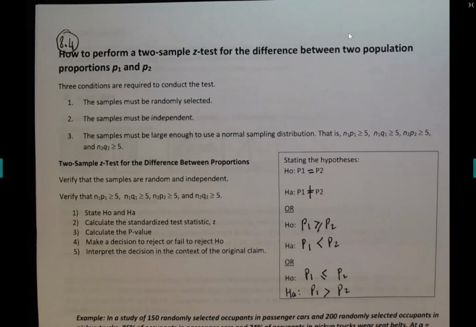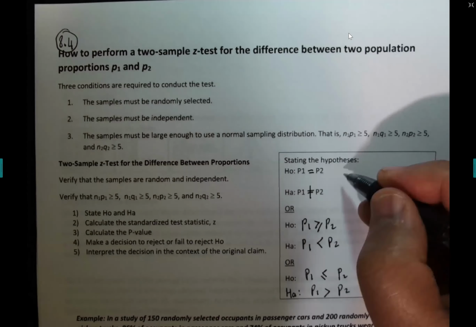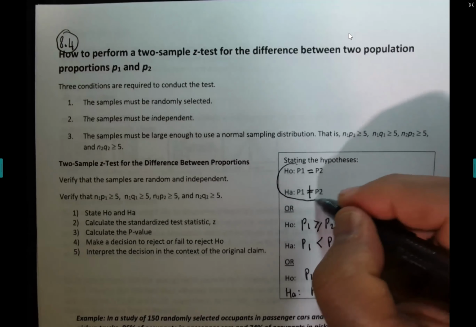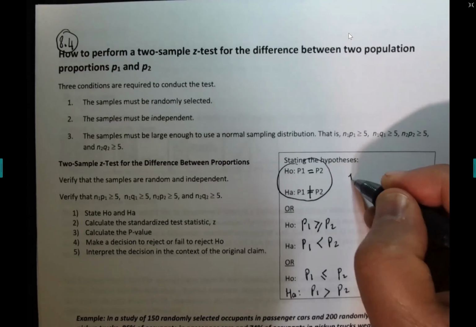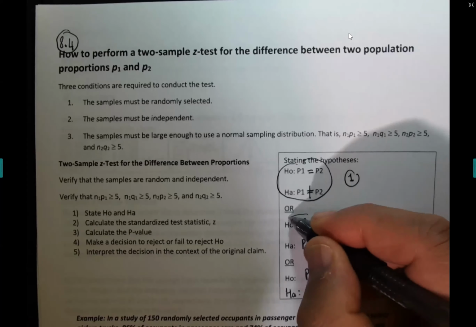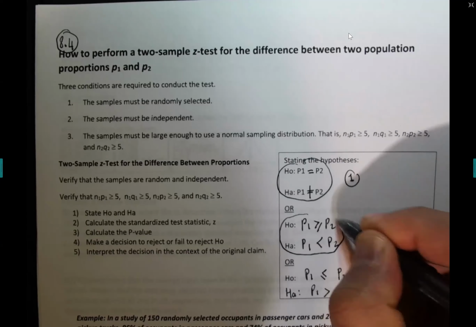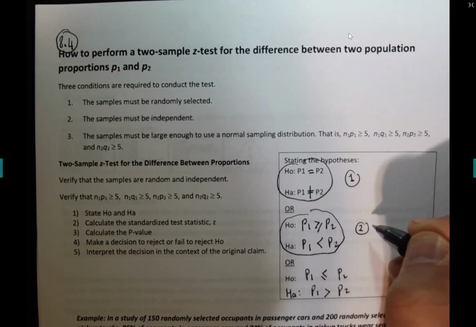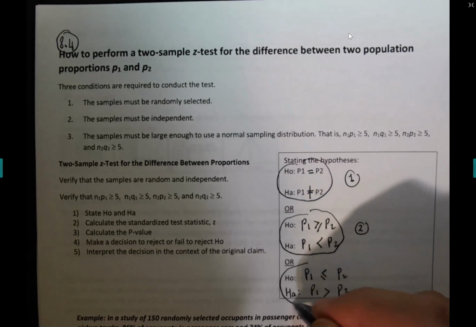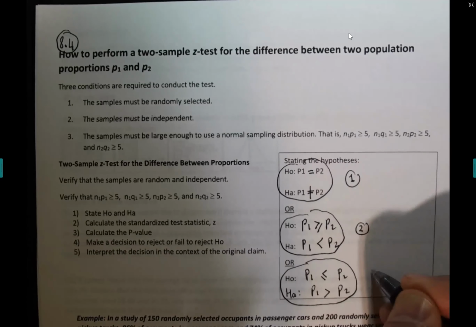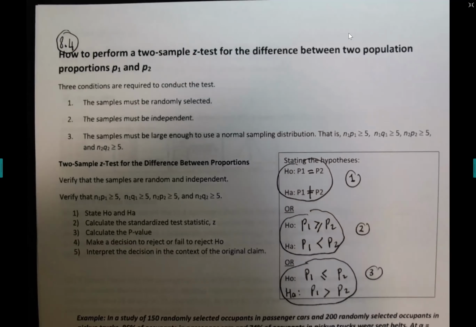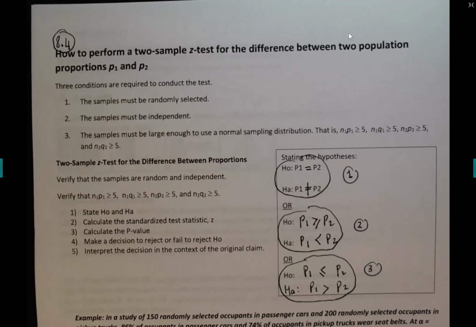That's choice number one. I'll call them 1, 2, and 3, and then I'll ask you to tell me which one. No other choices. You cannot come up with a fourth choice here.